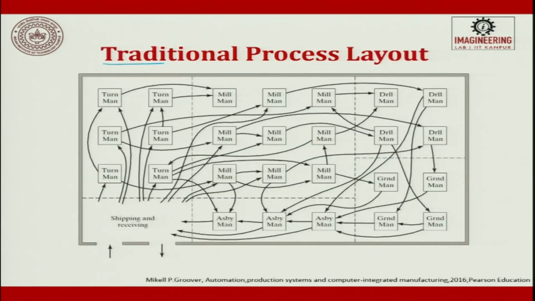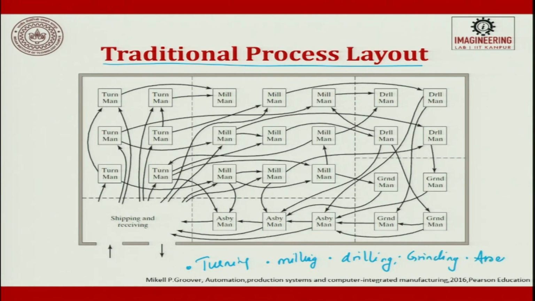So, the traditional process layout is also there. What happens is, you see there are turning machines, there are milling machines, there are drilling machines, there are grinding machines, and of course, there is an assembly.